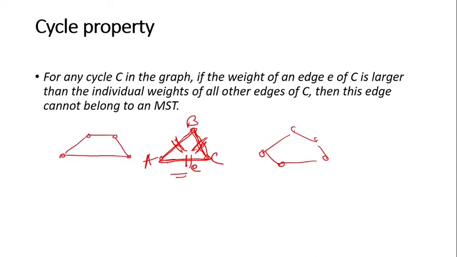Let's say I have 1, 2, 3 as weights, and this is 20, with vertices A, B, C, D. In that case, this weight E is greater than all these 3 put together. So this edge cannot come in the MST. This is by default a generic rule.